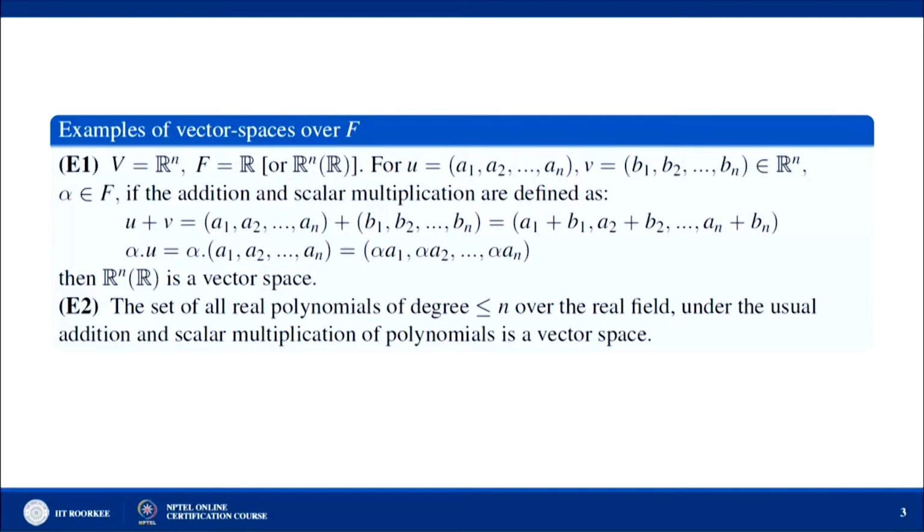Now, the second example is the set of all real polynomials of degree less than or equal to n over the real field, under the usual addition and scalar multiplication of polynomials, which is also a vector space.